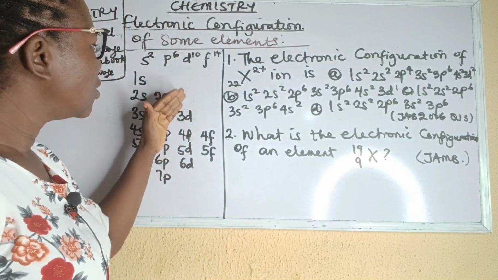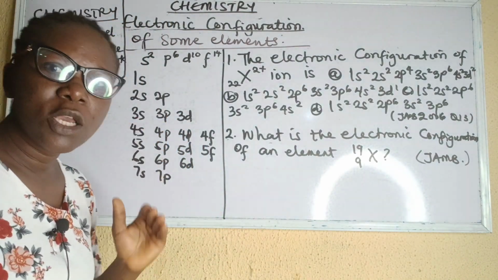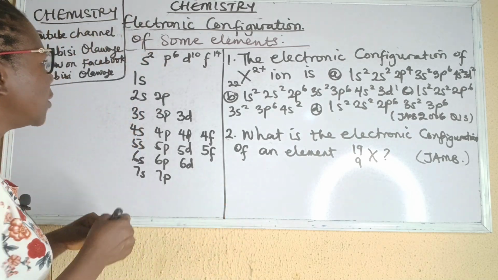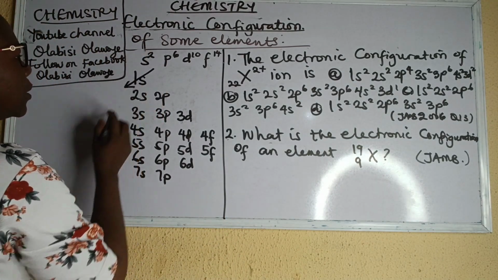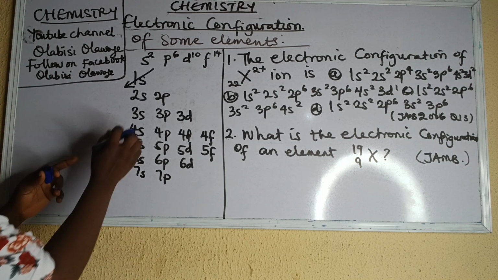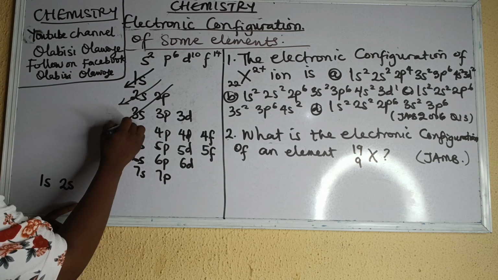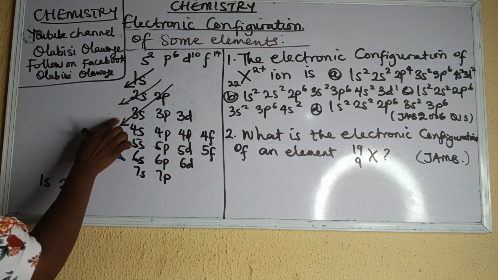Then to arrange these orbitals based on their energy level, the lower energy comes first, and this is how we do it. 1s first, followed by 2s. Diagonally, we start from the edge, we end at the back.